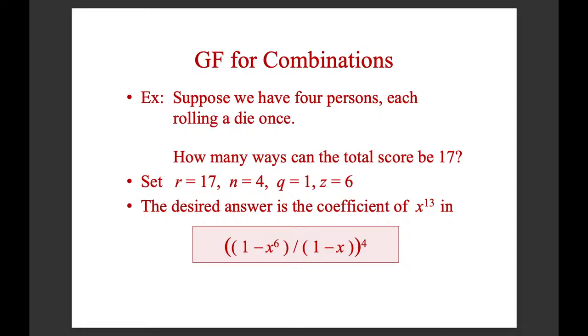This time each one will have a die, so it will have one way to produce a score of 1, one way to produce a score of 2, and so on, and one way to produce a score of 6.